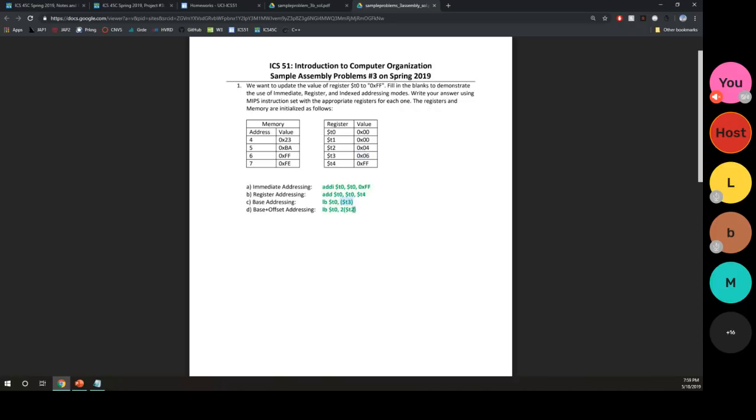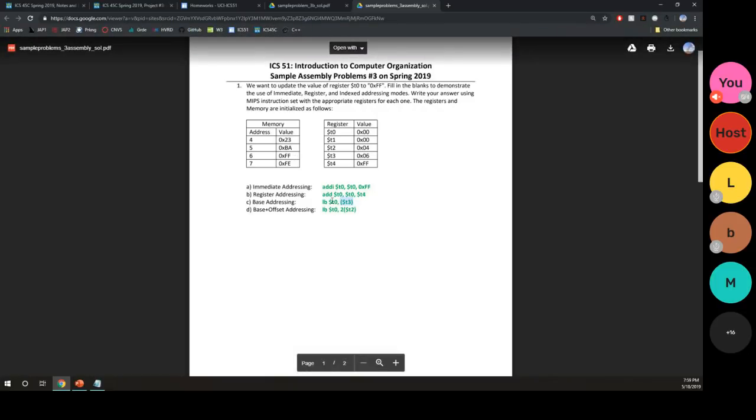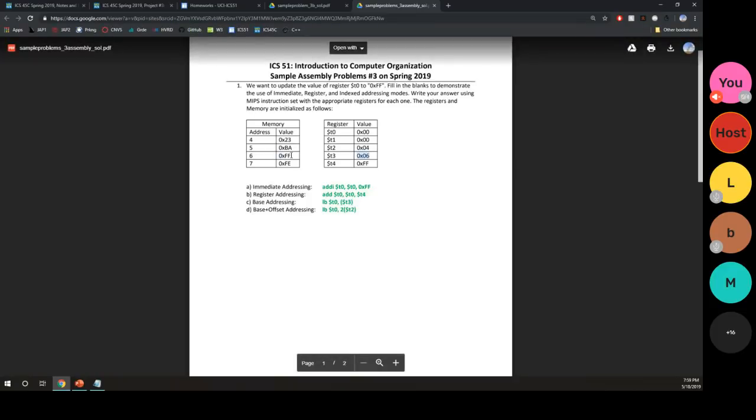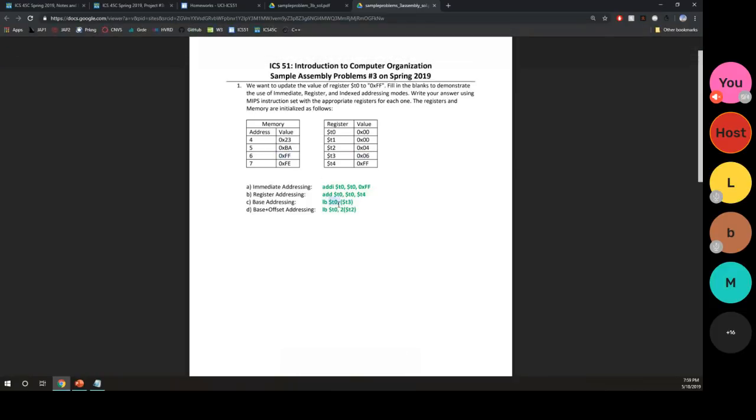So we can put T3 in parentheses, and that's going to give us the value at memory address 6. The LB, the load byte, puts the value at memory address 6, which is 255, into T0.